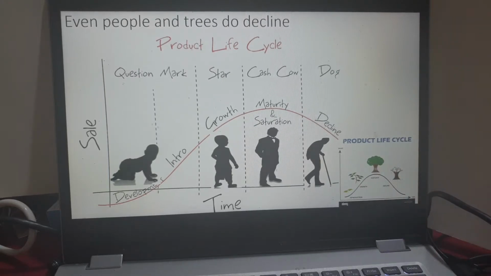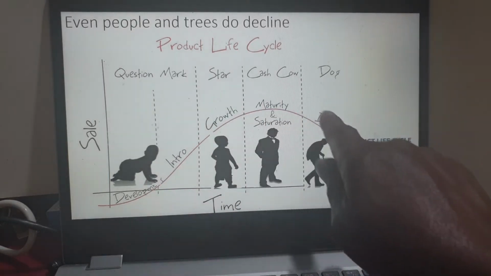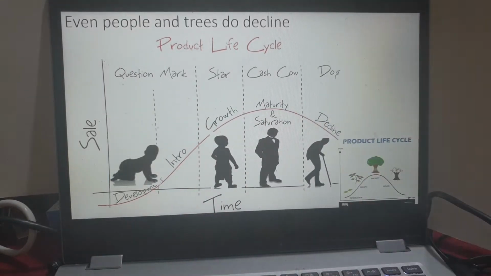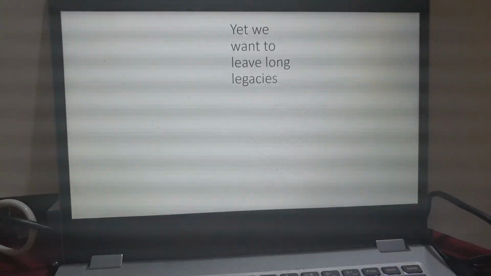So life, whether for people, whether for businesses, whether for animals, it follows this shape, circle. And yet, we want to leave long legacies.